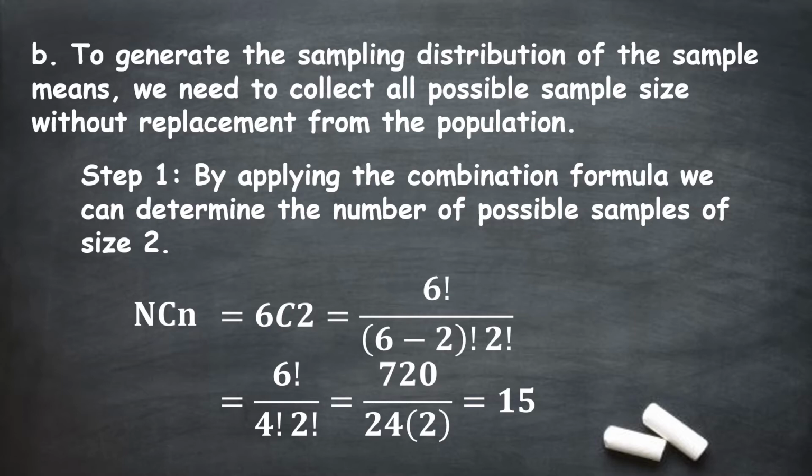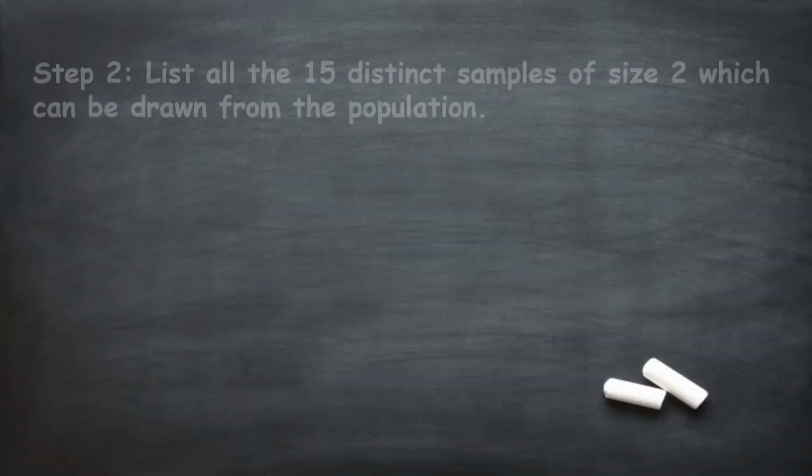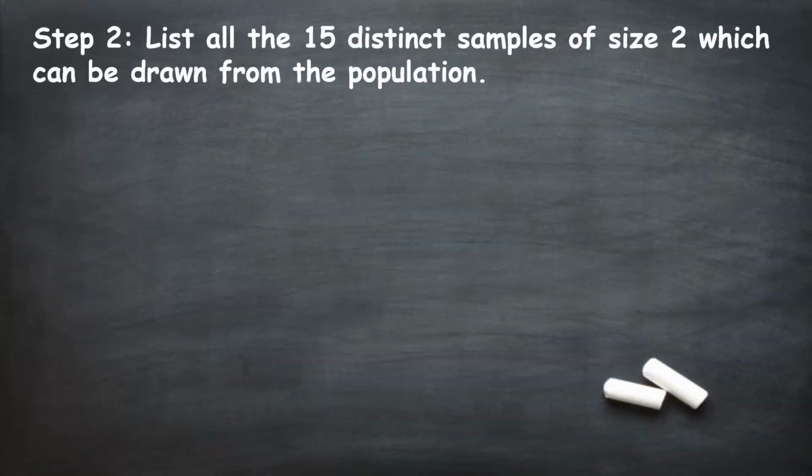Meaning to say that if we will get 2 samples from that population of 6, we have 15 combinations of samples. Since what we're going to do is to compare the samples and the population, we must identify those 15 distinct samples with the size of 2. So doing that, we will have this table.